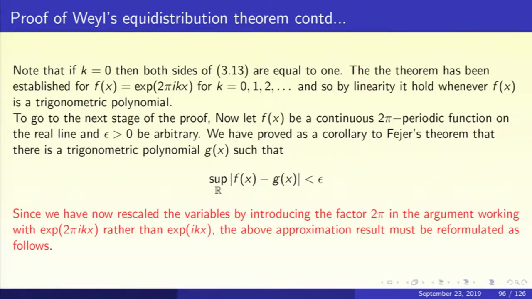Thus, we are looking at sin 2 pi x, cos 2 pi x, instead of sin x and cos x. Instead of sin nx and cos nx, we are looking at sin 2 pi nx and cos 2 pi nx. So instead of trigonometric polynomials approximating 2 pi periodic functions, we are looking at trigonometric polynomials of the form linear combinations of e to the 2 pi i kx for k equal to 0, 1, 2, 3, etc., approximating 1 periodic continuous functions.